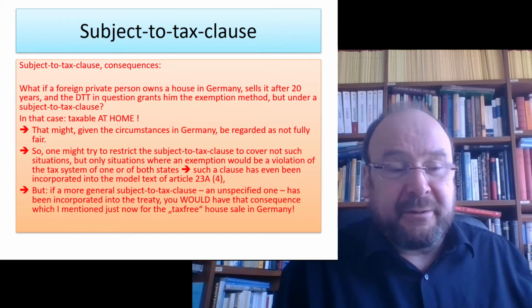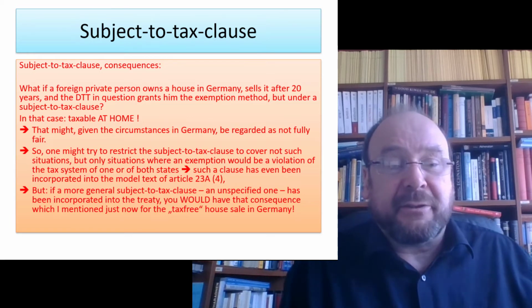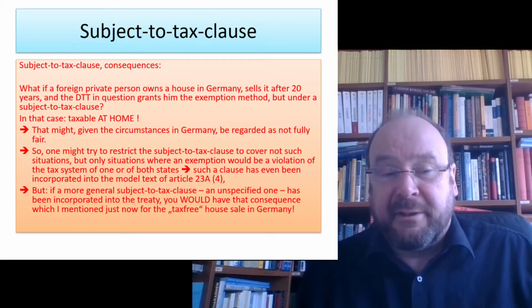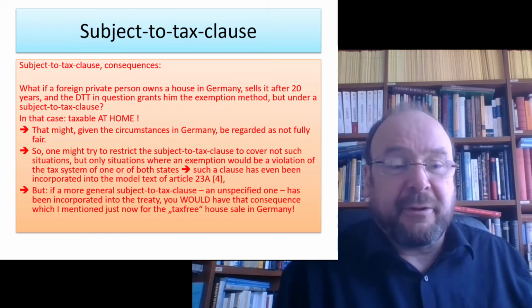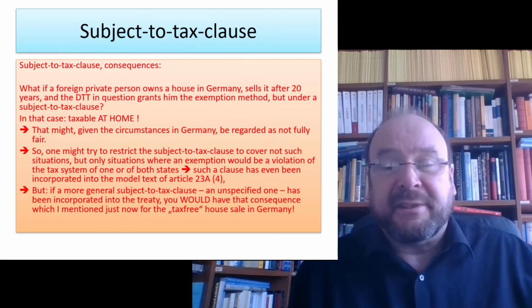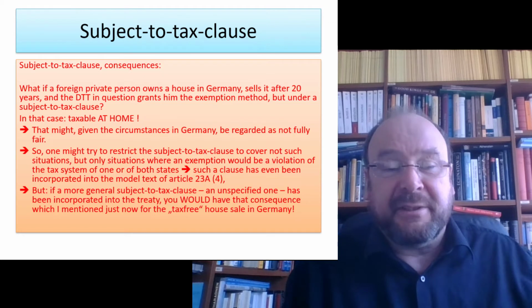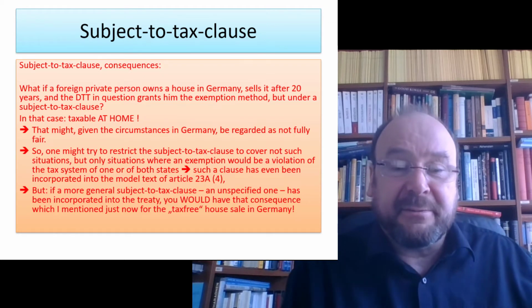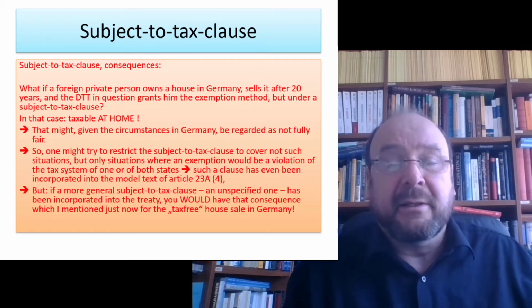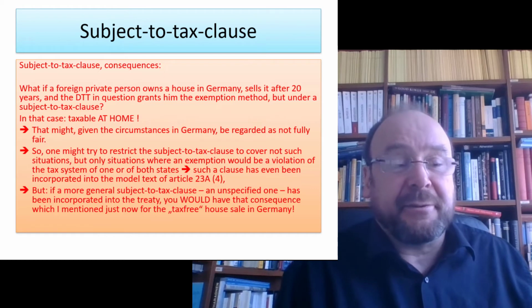Consequences of a subject to tax clause are not always clear to everybody. For example, if a foreign private person owns a house in Germany, sells it after 20 years, and the DTT in question grants him the exemption method under a subject to tax clause.